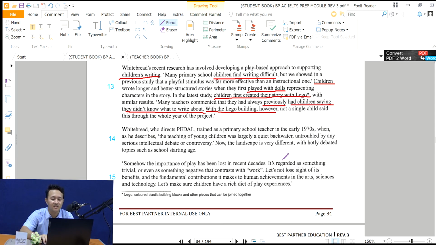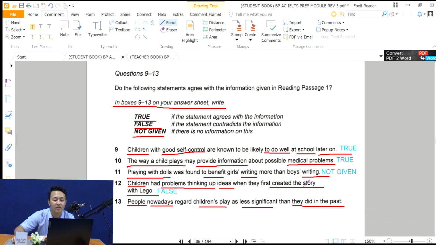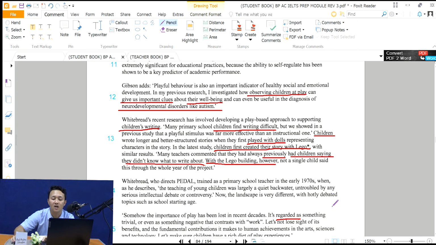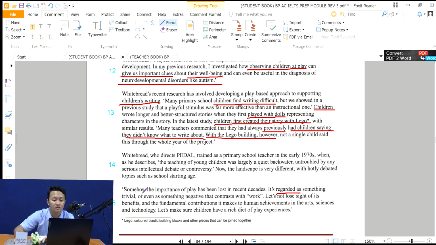Okay. So it says here, somehow its importance of play has been lost in recent decades. It's regarded as something trivial or even as something negative that contrasts with work. Let's not lose sight of its benefit and the fundamental. Okay, I don't think that's the information that we need to find. This is here: people nowadays regard children's play as less significant than they did in the past. So they compare between now and in the past.